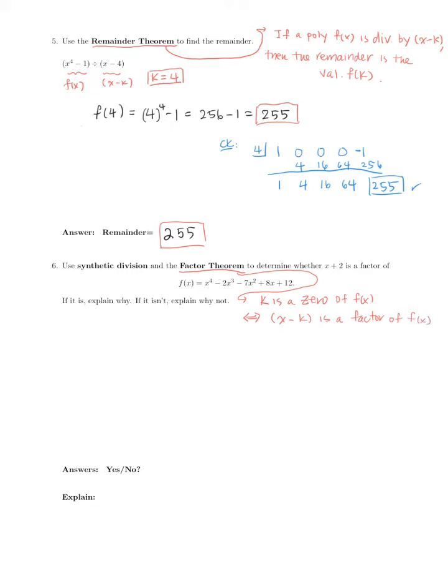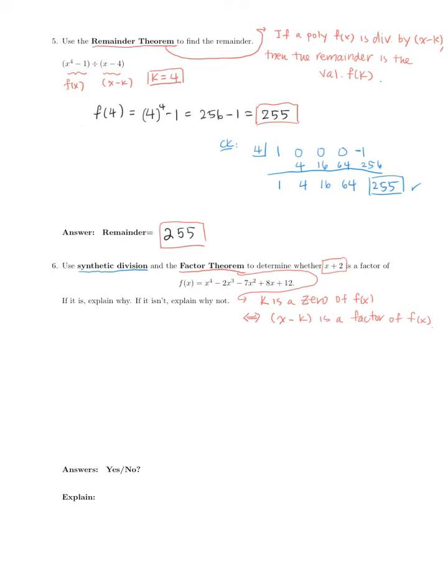Okay, so what we want to do is determine whether x plus 2 is a factor of this function right here. Now, I also want you to use synthetic division to make sure that the remainder is going to be 0. All right, so let me see.